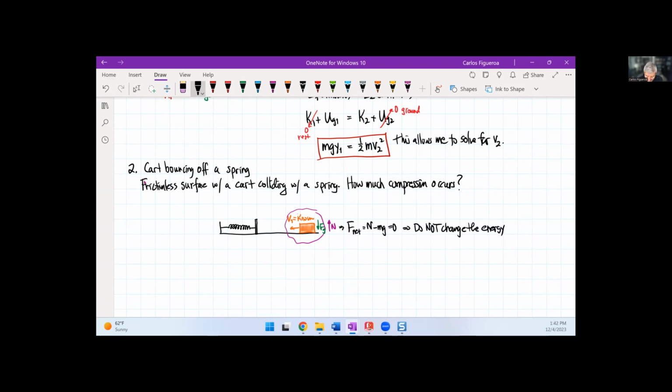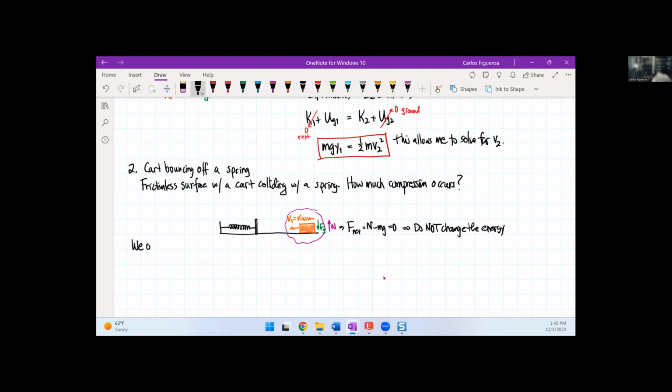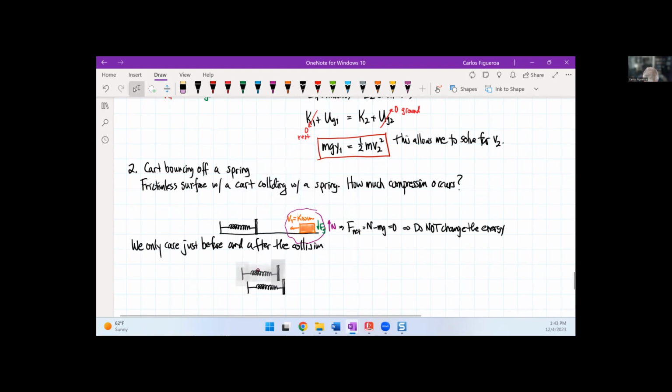The only time we care about this is when I have this situation. We don't care about out there. We care about what happens when there's a collision. We only care just before and after the collision. So if I redraw this, here's my system.